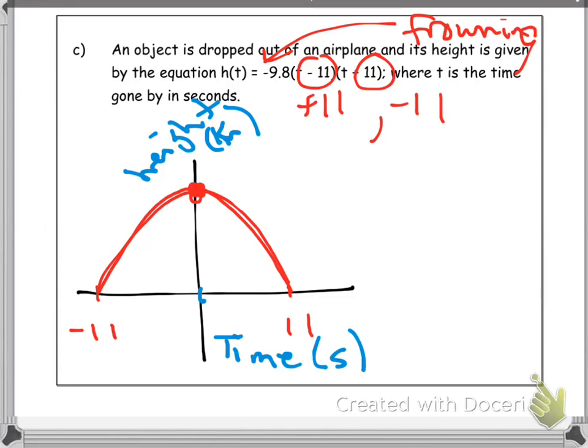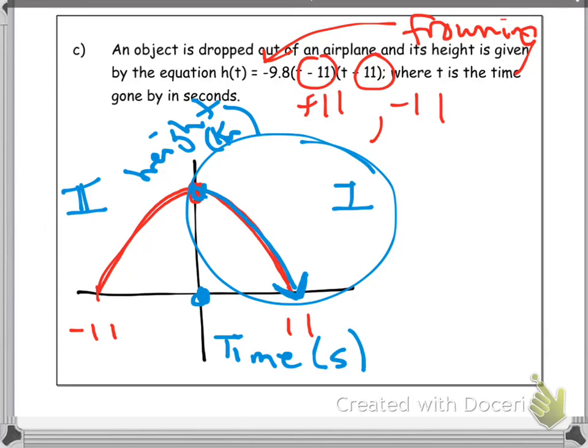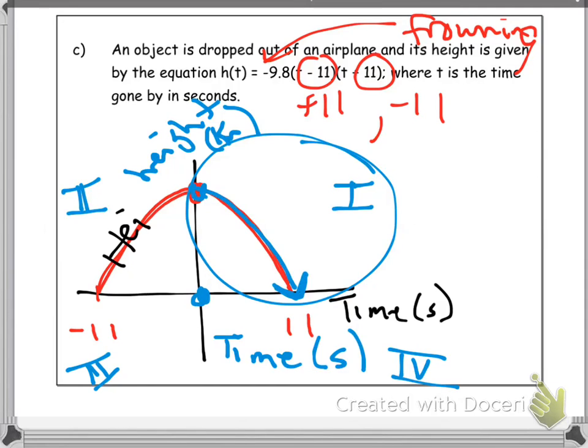When time is 0, the object is dropped. So once again, word problems happen in real life in this quadrant. That's quadrant 1. Quadrant 1, quadrant 2, quadrant 3, quadrant 4. We'll get more into that in trigonometry. And label our axes. So time in seconds and height. And we're going to say, oh, I did that one already, kilometers.